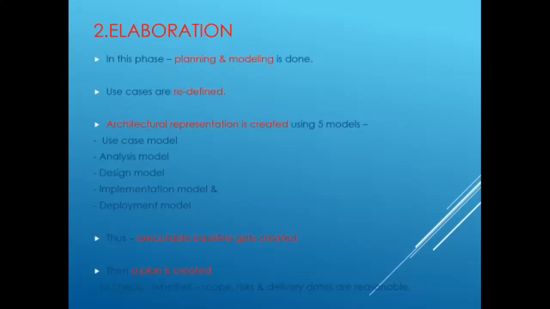First one is use case model, second analysis model, third design model, fourth implementation model, and fifth deployment model. These 5 models are used for architectural representation. Thus, an executable baseline gets created. Then a plan is created to check whether scope, risk, and delivery dates are reasonable.